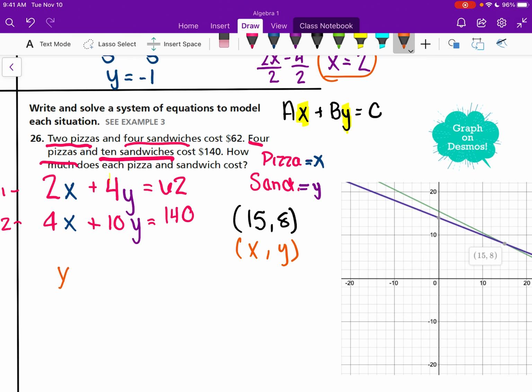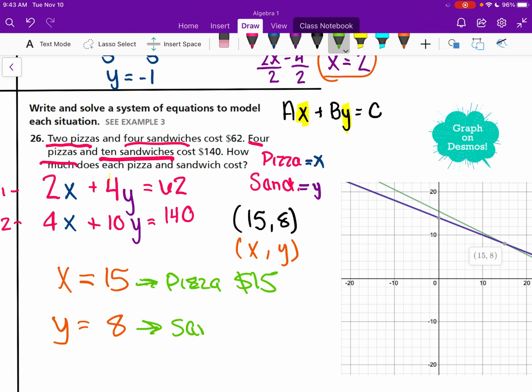So the x is 15, the y is 8, and in context of our problem, when it says how much does each pizza and each sandwich cost, well, the x represented pizza, so that means that pizza is $15 and sandwiches is $8. We just had to make sure that we knew that the x represented pizza and the y represented sandwiches, and now we know the cost of both of them.